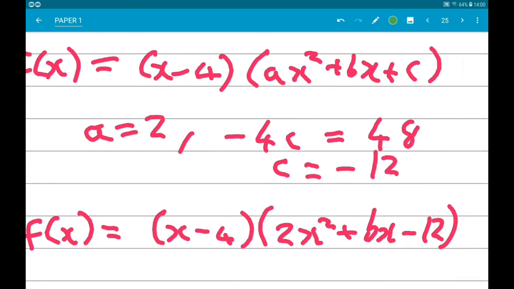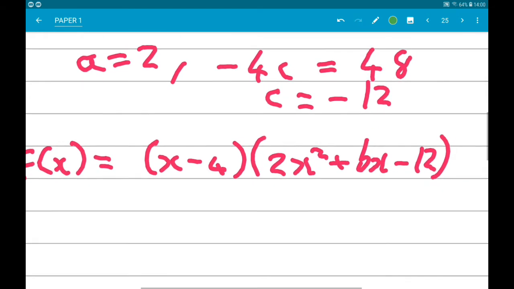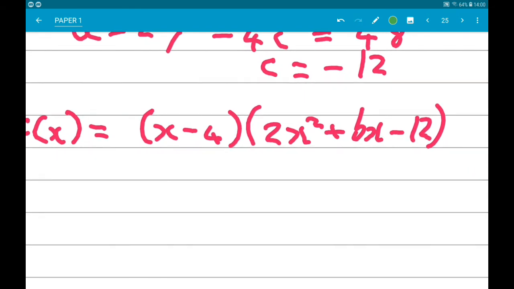Okay, now to get b, we think about what we would get if we expand this whole thing in terms of either x squared or x terms. So, I'm going to go for x terms. So, if we expanded this out, we would get minus 4bx and we would also get minus 12x.